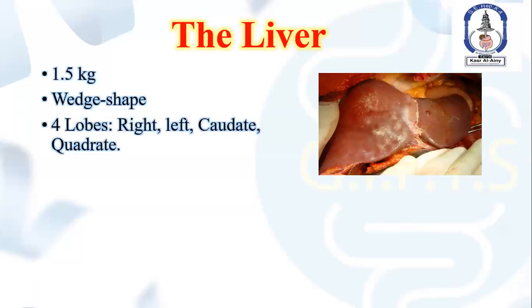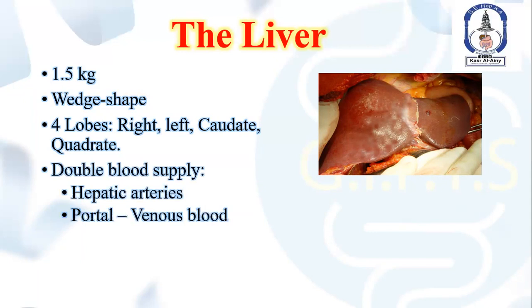Most people think that the liver is only two lobes, right and left. This is not correct. The liver is made of four lobes: the right and left classic lobes, and two smaller lobes, called the caudate lobe and the quadrate lobe. So there are four lobes in the liver.